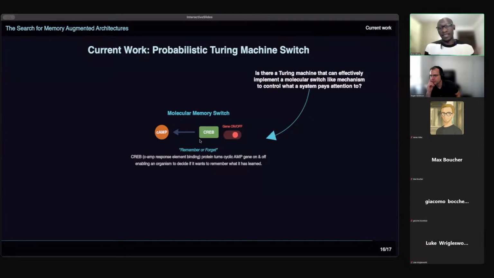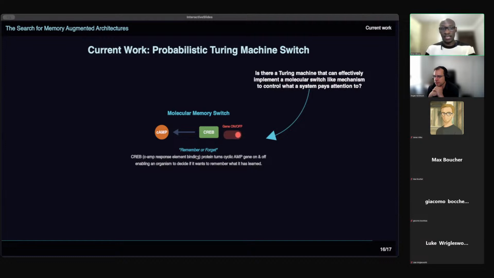The halting problem is a barrier, but if you know a system never halts, then you can use that Turing machine to control how the system learns throughout time. So you just keep controlling what the system learns for an infinite amount of time and evolving it throughout that time. That's the idea that I'm exploring right now.